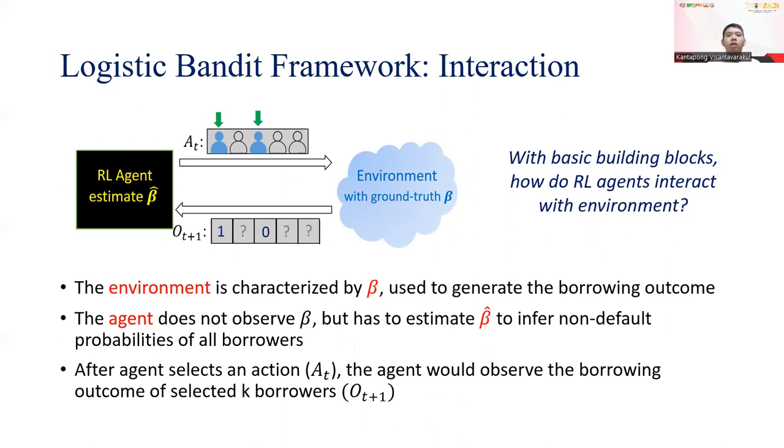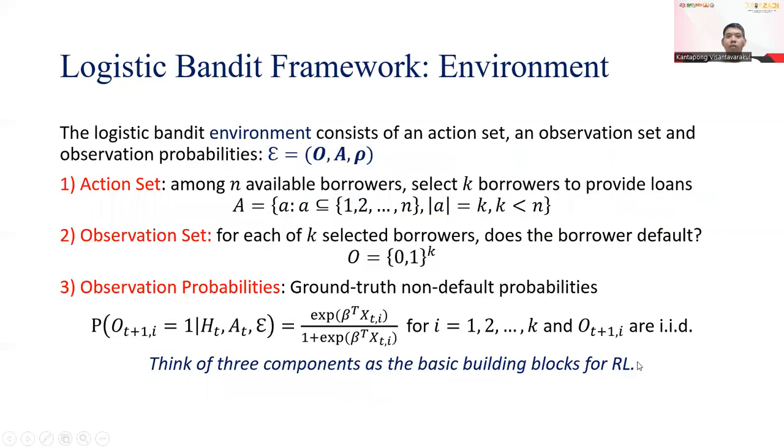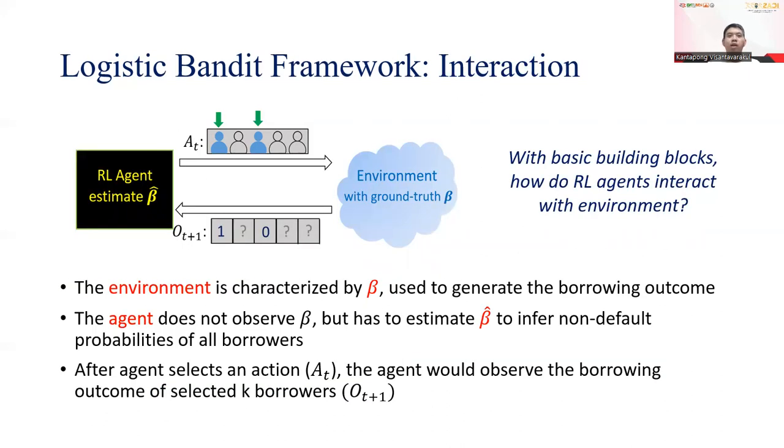The environment is characterized by beta, the ground truth beta that represents the formula here. The agent doesn't know this. The agent does not observe it, but has to estimate beta hat from past observations to infer the non-default probabilities of all borrowers.